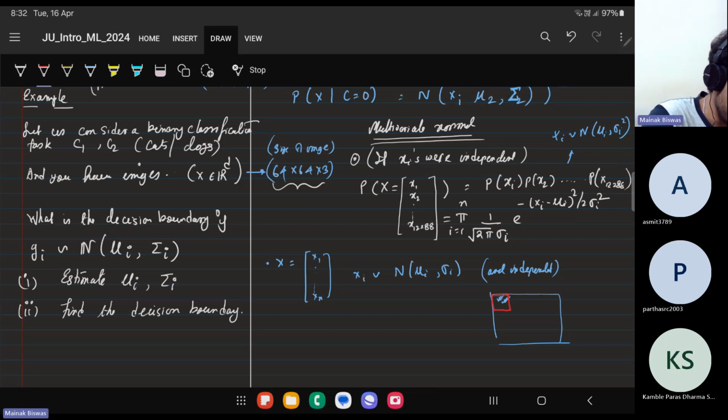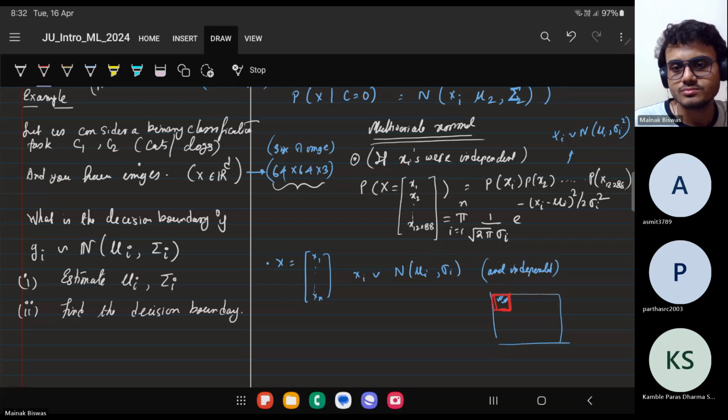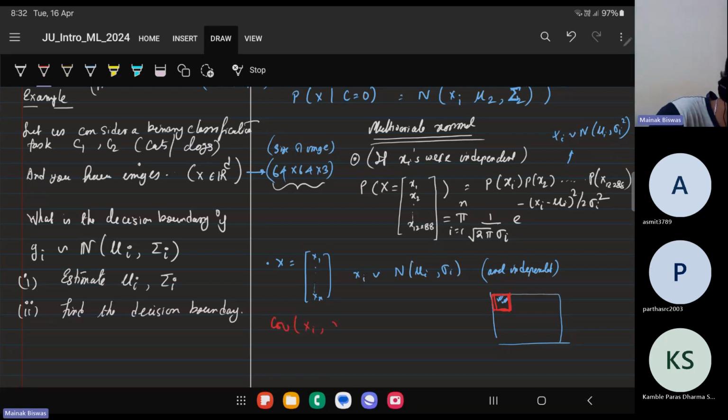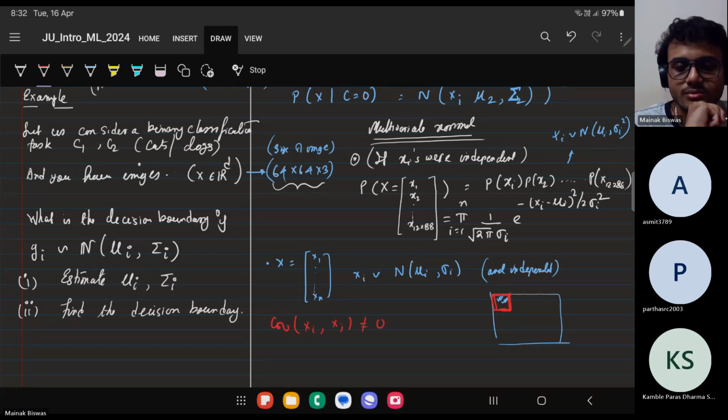There is locality in a picture, right? So if you take a photo and you have a sky in a pixel, the next pixel is also likely to be a sky, yes or no? Sky pixel, blue. Yes. So you don't have this independence there. So the covariance of xi comma xj is not equal to 0, right? That's the main problem.